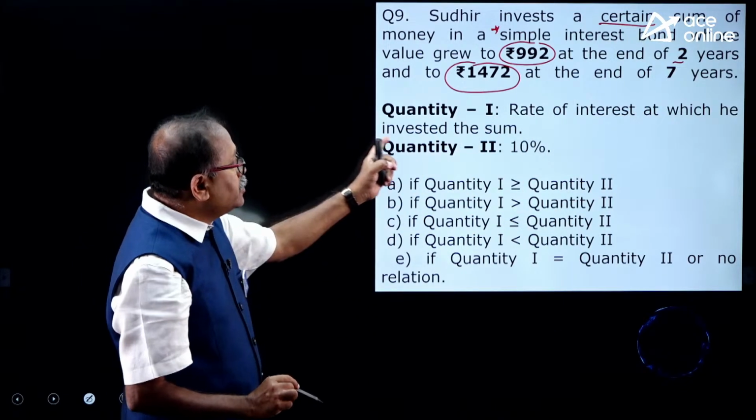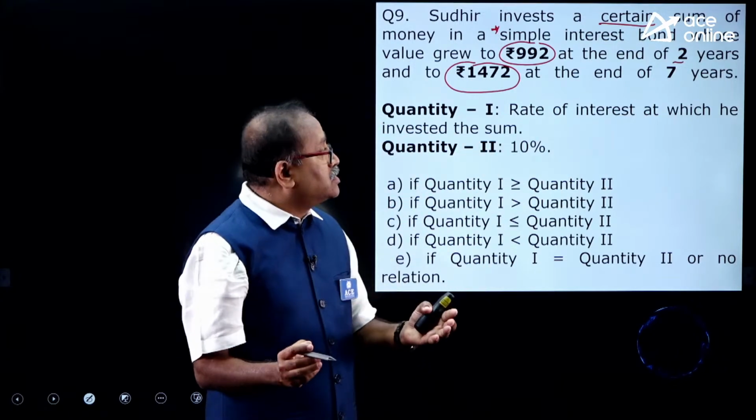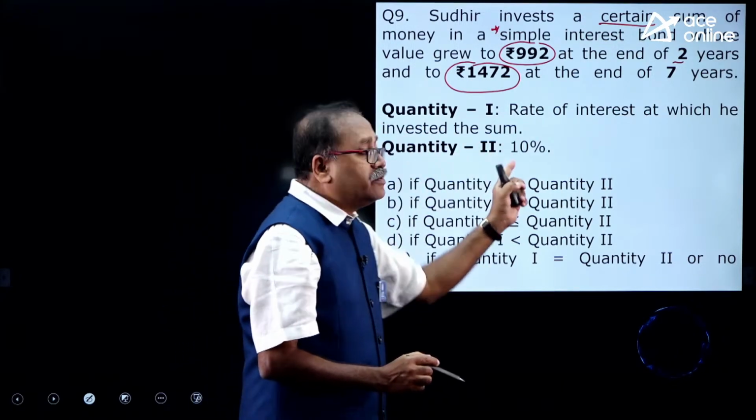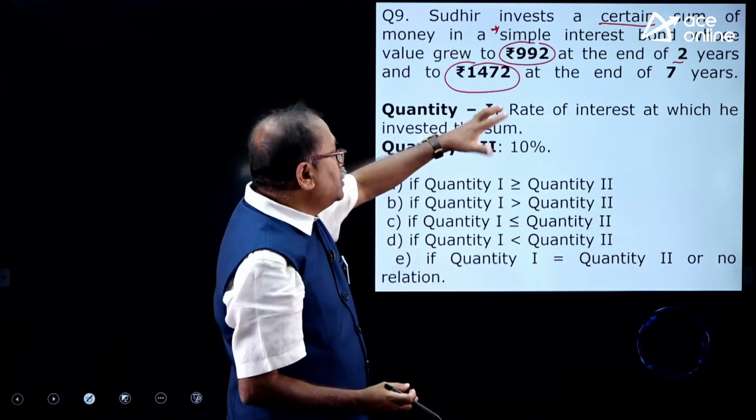Now your quantity one is the rate of interest at which the sum is invested, and the second one is 10%. You need to find out what the relation is.